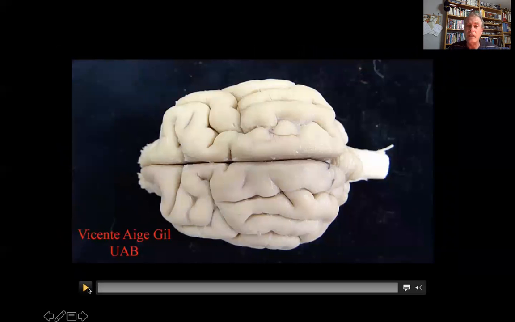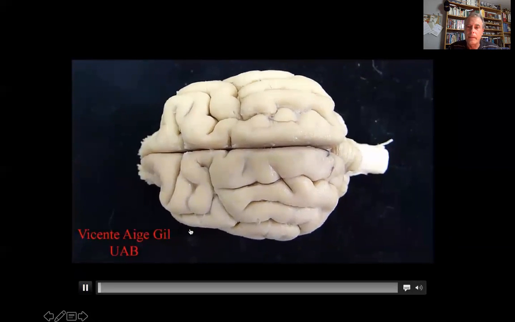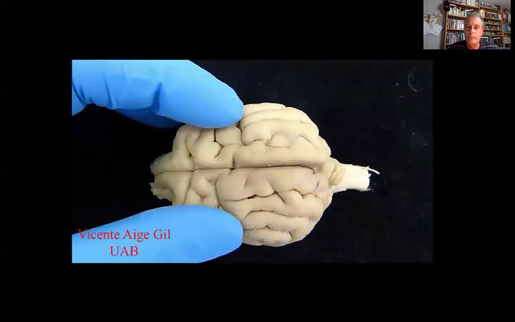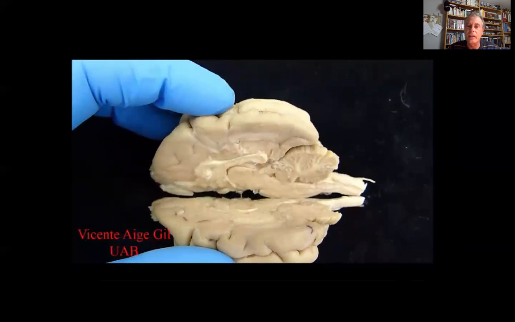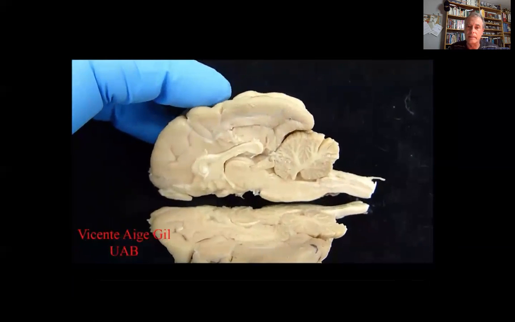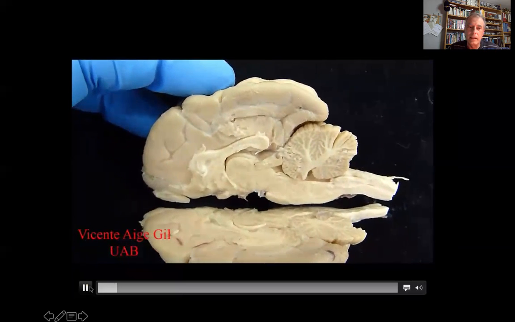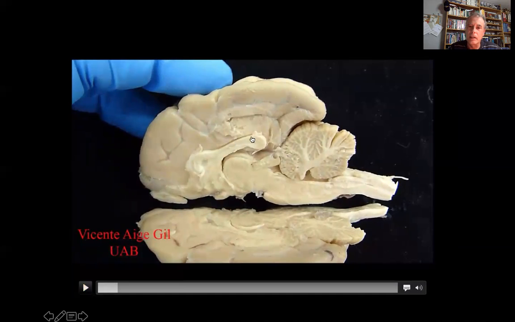This is another dissection. This is a dorsal view with the longitudinal fissure. And we split the encephalon through the midplane. And we identify the corpus callosum, right? The interthalamic adhesion, mesencephalon, pons, medulla oblongata, cerebellum, right?